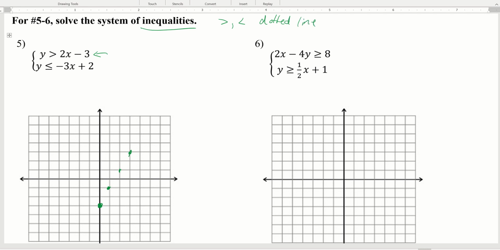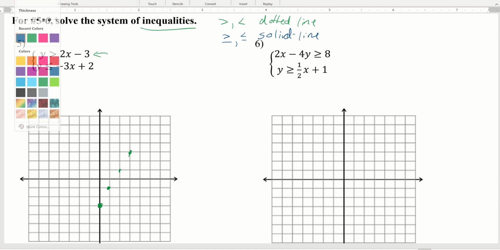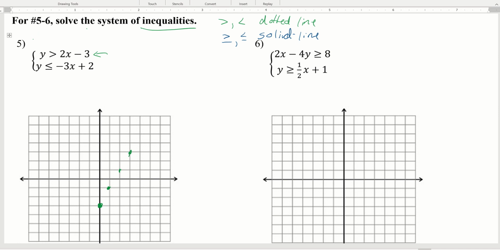If it's greater than or equal to, or less than or equal to, it's going to be a solid line. Since this first one is just greater than, it's going to be a dotted line.